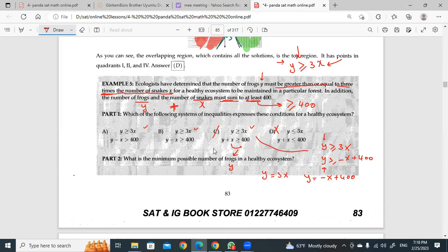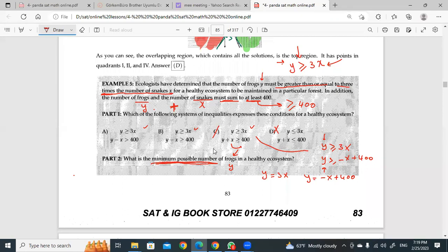I convert the first equation to y equals 3x because they are asking for the minimum possible number. Y is any number greater than or equal to 3x, so the minimum point will be at the equal. And here also the minimum point will be at the equal. Clear?